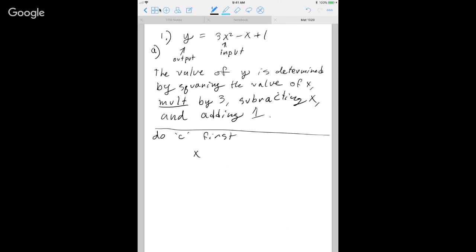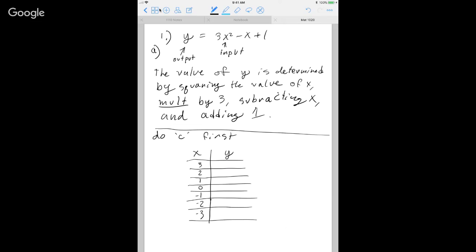So here's my X's, here's my Y's, and we had 3, 2, 1, 0, -1, -2, -3. All right, and I did this in my TI-83 calculator.